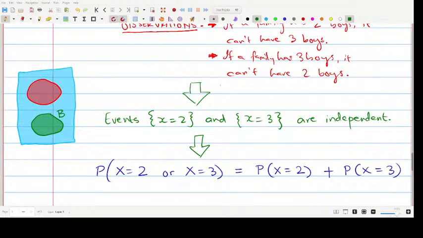These are all elements from the event space. So A and B are independent of each other. The number of elements in A union B is basically the number of elements of A plus the number of elements of B, because there is no intersection between them. They are independent from each other.